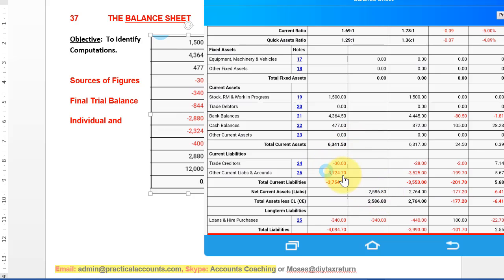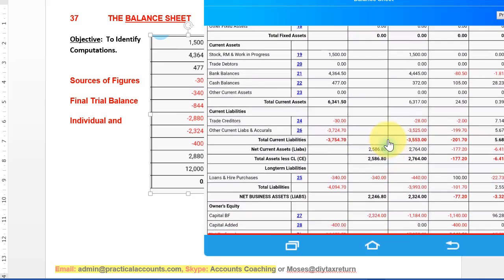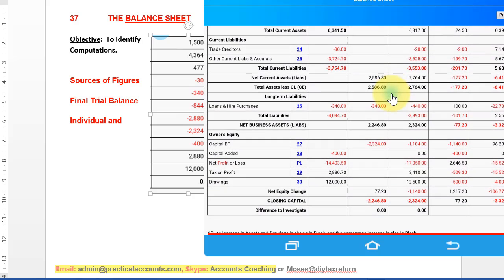You can either deduct them individually or deduct that total to get the net current assets. Now, net current assets should be added to total fixed assets to give us total assets less current liabilities, which is equal to capital employed in the business.